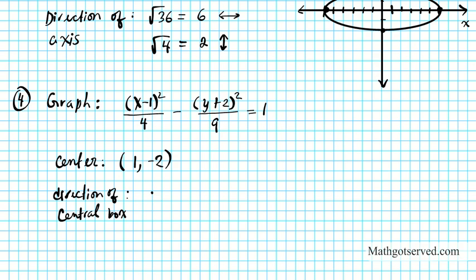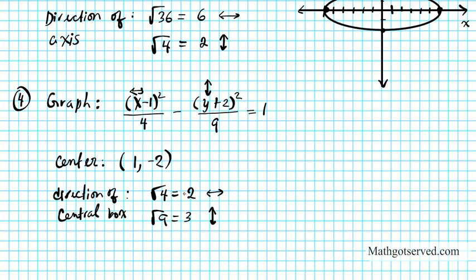That's going to be the square root of 4, which is 2. Where did the 4 come from? The x-axis, which goes side to side. So this 2 right here, what direction does it go? It goes side to side. Alright, and then the square root of 9 is 3. Since it's under the y, the y-axis goes up and down. So where does this 3 go? 3 units up and 3 units down.